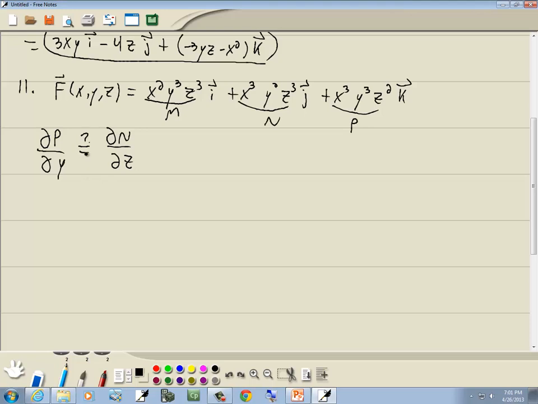Partial of P with respect to y: we're taking the derivative of y to the third, and all the rest just carries along, so that gives us 3x to the third y squared z squared. Partial of N with respect to z: the x to the third y squared just remain, and we're just taking the derivative of z to the third, so that gives us 3x to the third y squared z squared. And they match. So that one checks.